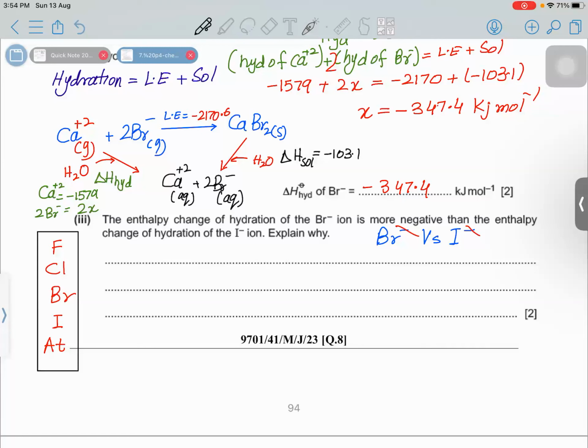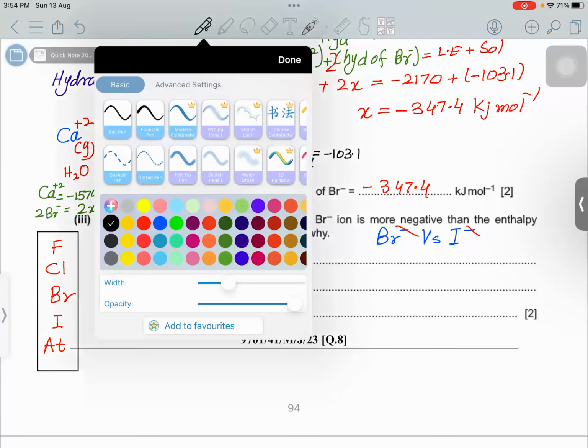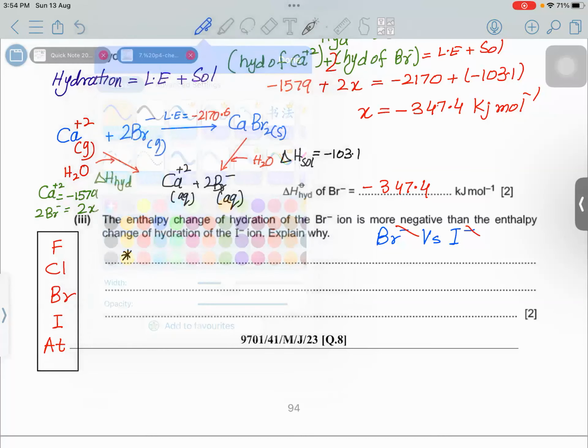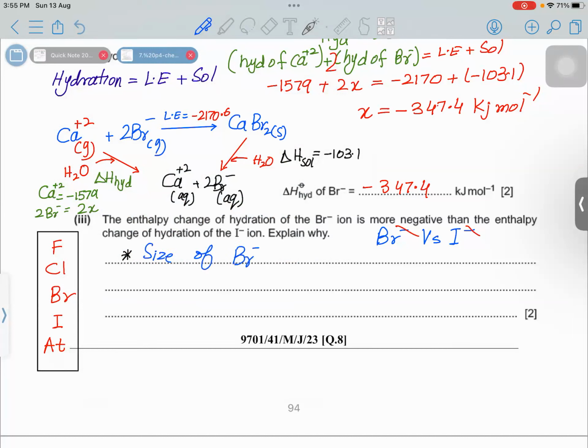Bromine will have more hydration. Bromine will have more attraction, right? So the answer is: the size of Br negative is smaller than I negative.